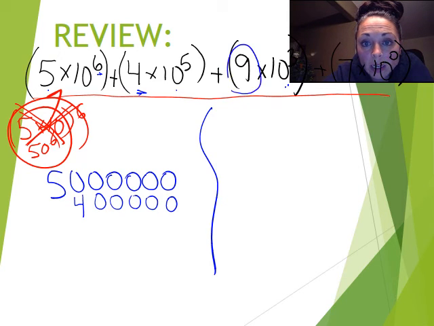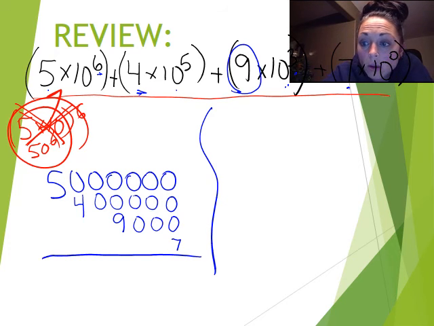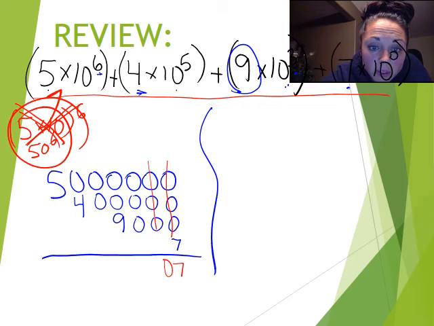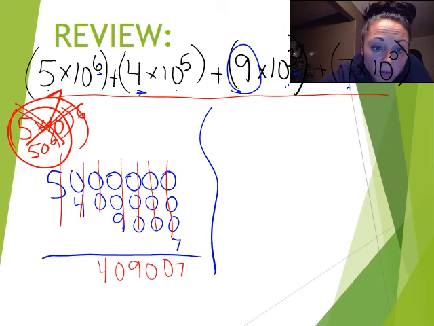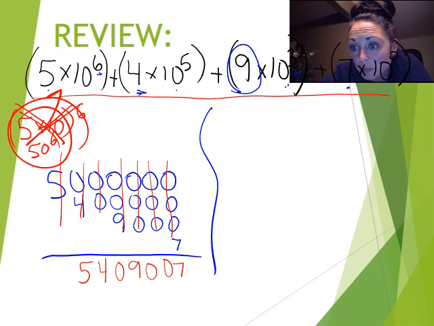I have a 9 with how many zeros after? 1, 2, 3, and I put a 9. I have a 7 with how many zeros? None, so that goes here. So in all, what's my answer? I line up 7, 0, 0, 9, 0, 4, 5. That's my answer.